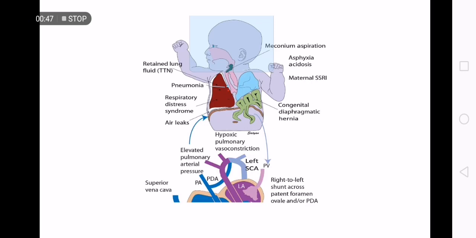This causes pulmonary hypoxic vasoconstriction with elevated pulmonary arterial blood pressure, leading to decreased pulmonary blood flow and right to left shunting across the patent foramen ovale and the PDA.